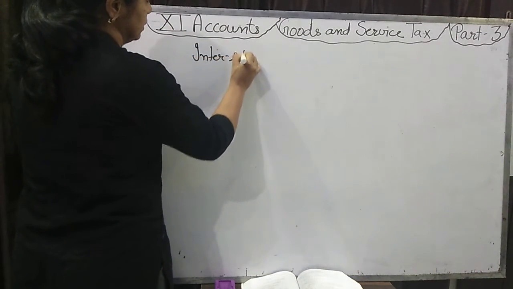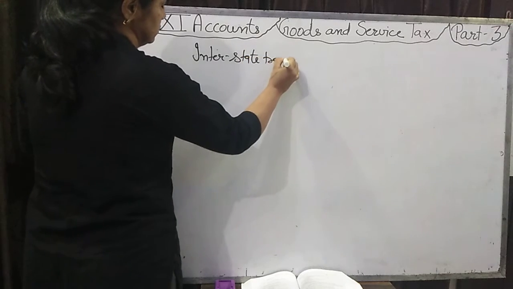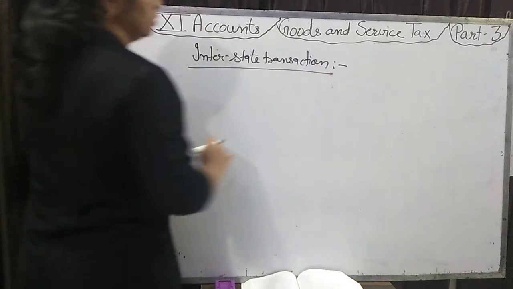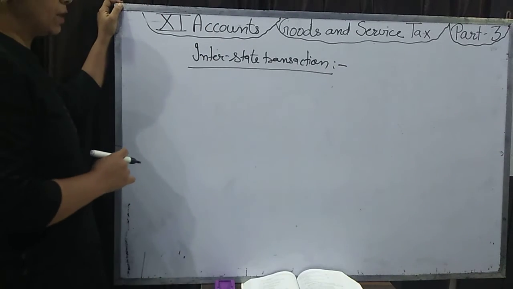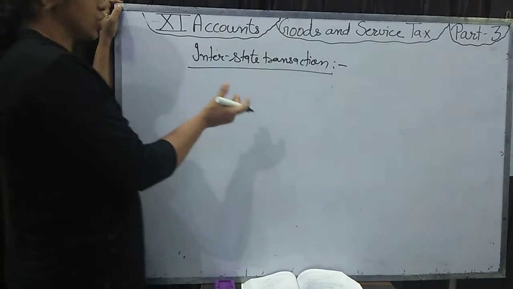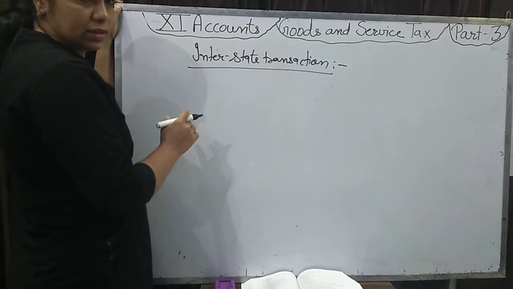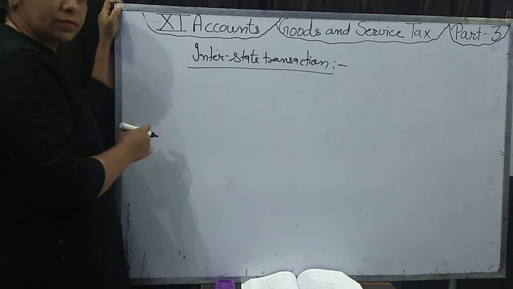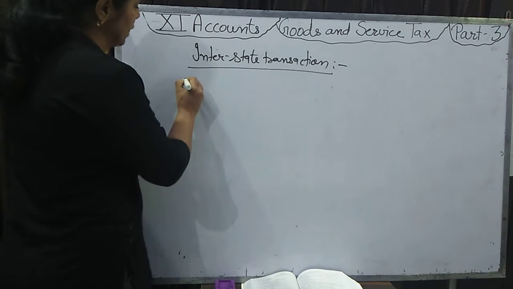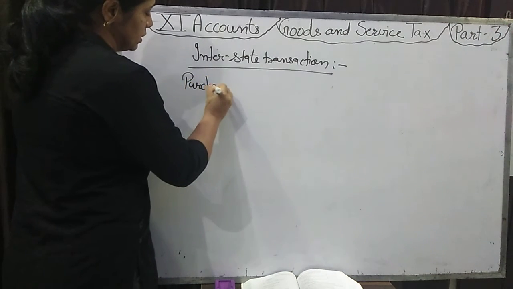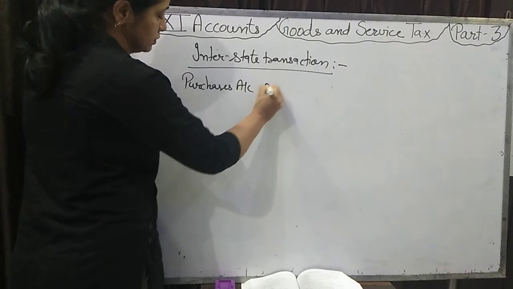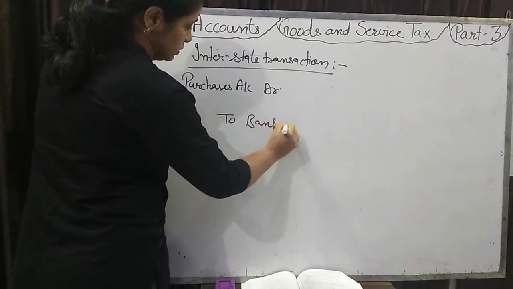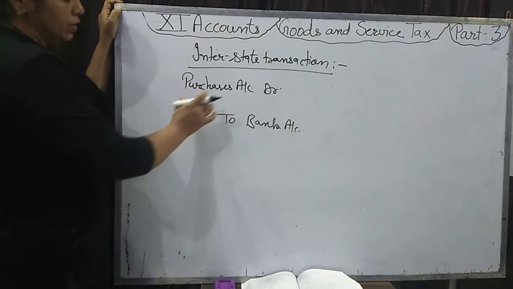Interstate transaction. I told you in the first lecture also about the interstate transaction. When there is a transaction between two states, one state has purchased goods from another state, what will be the entry for purchase? We will pass Purchases account debit to bank, with the amount of purchase.